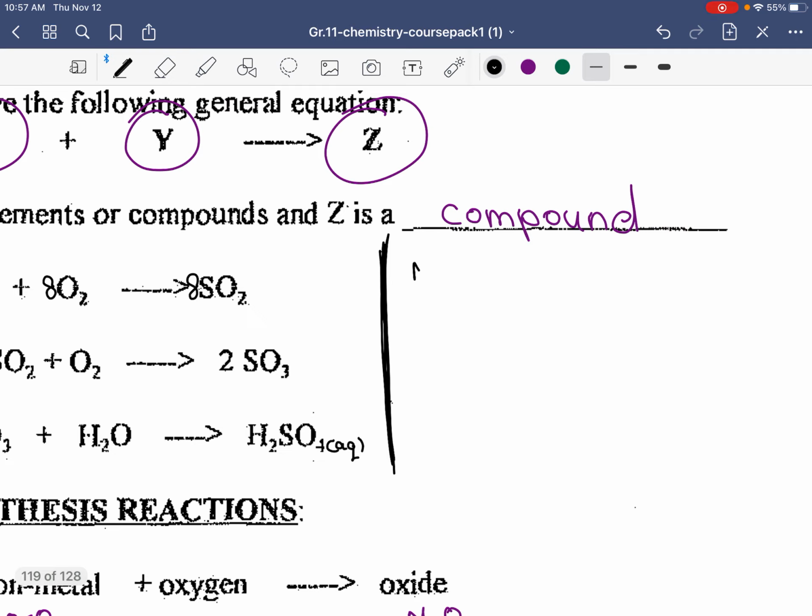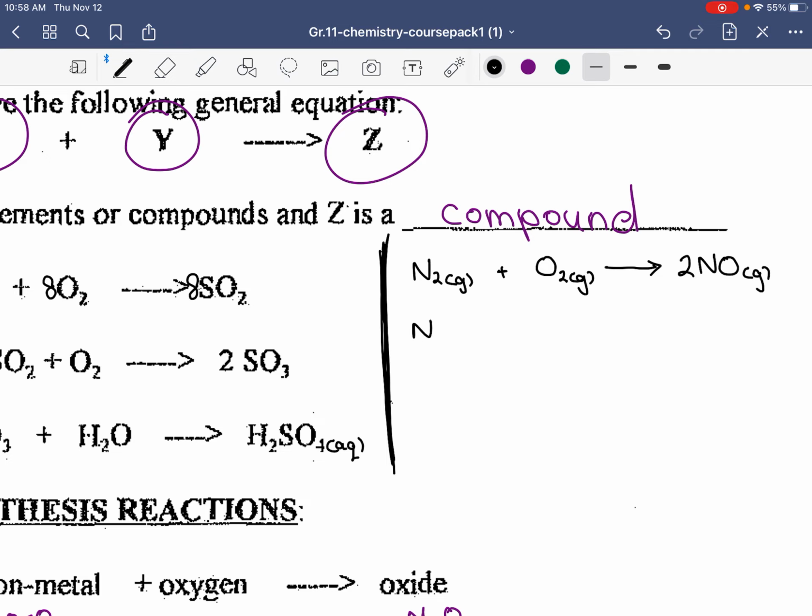Nitrogen gas. Okay, nitrogen gas also has the ability to create acid rain. How? Well, the first reaction is a synthesis reaction, where nitrogen gas reacts with oxygen gas through combustion to give you nitrogen oxide. Okay? In fact, you get two of them.